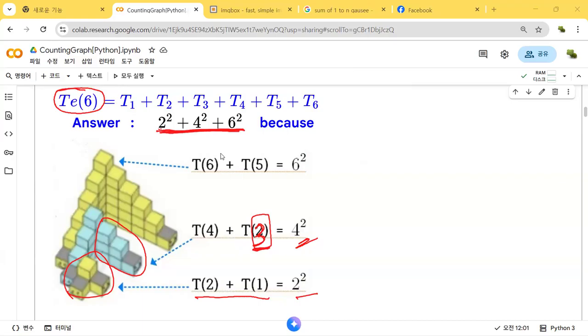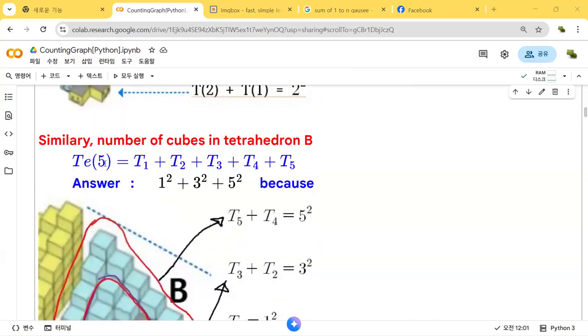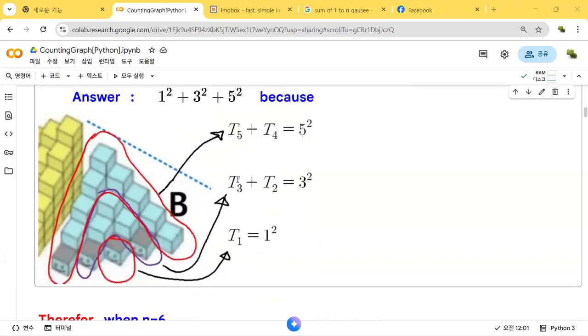And similarly, tetrahedral number 5 is, by definition, this one, and this is the sum of odd number squares, because this sky blue part can be decomposed into 3 parts.